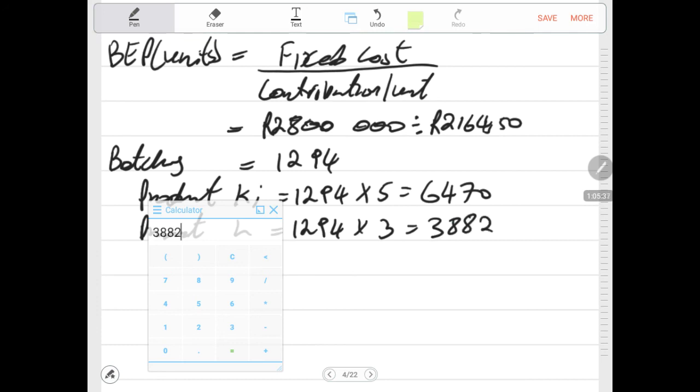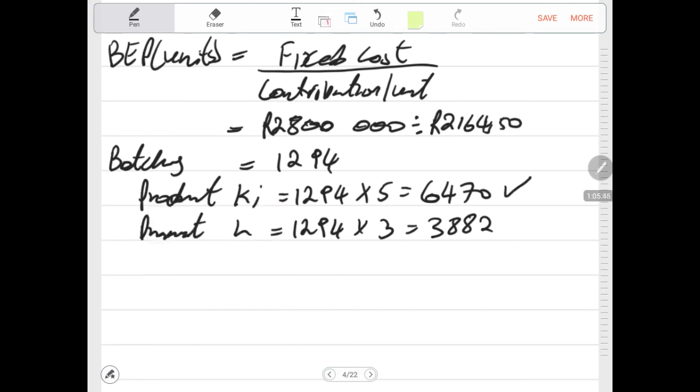So this is the number of units that must be sold for product KI in order for product KI to break even, and the number of units of product LO that must be sold in order for product LO to be at the break even.